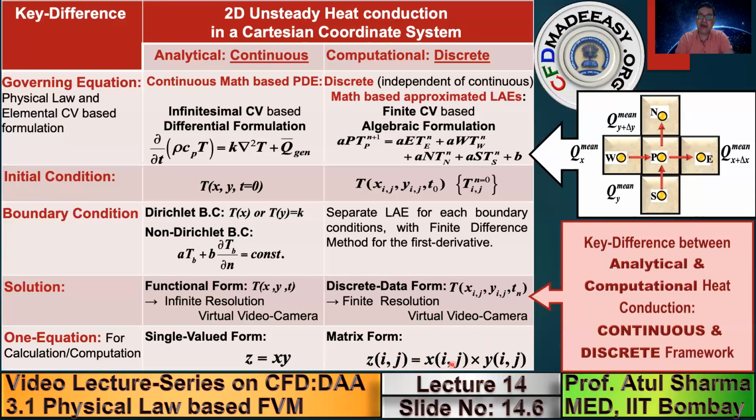They are multi-valued, and in a 2D problem we store them as a 2D matrix, corresponding to x i comma j and y i comma j. So here also we derive one formula, but we express it in an indicial form. The effort required in deriving, or the math required, is almost the same level, because in both cases we derive one equation.